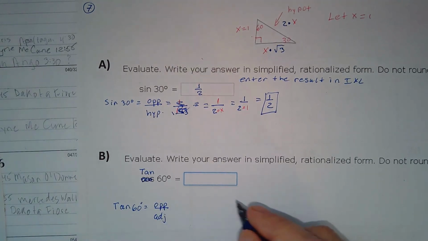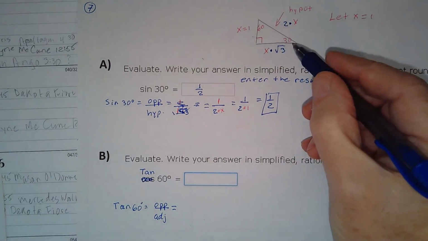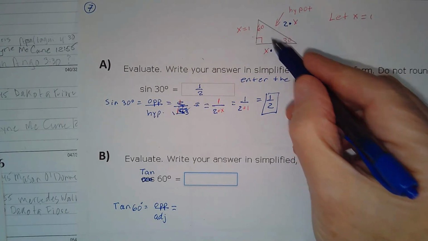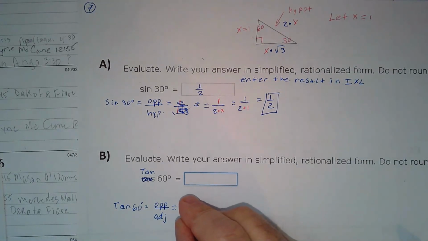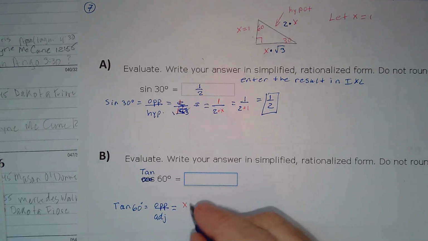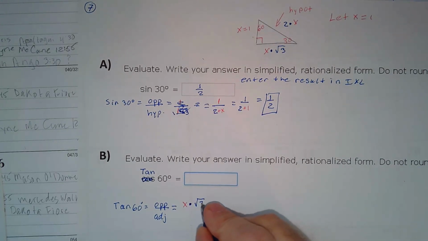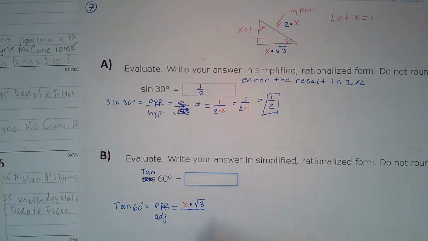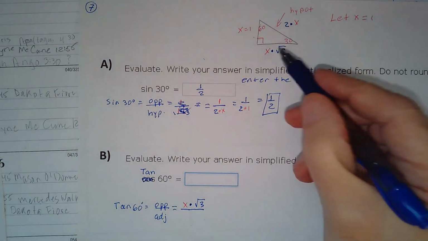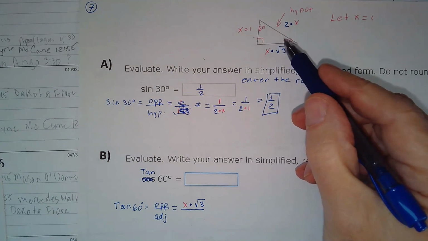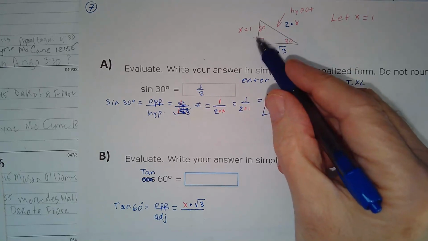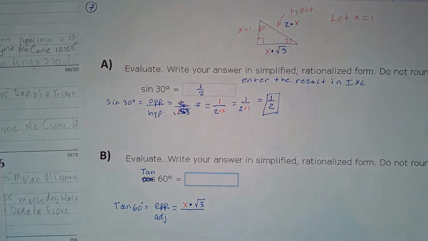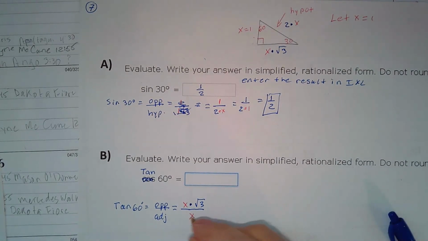Okay. All right, and so opposite of 60 degrees, here's 60 degrees, opposite is the long leg. So that's x times the square root of 3 divided by, and then the adjacent is the short leg. It's 1, right? So adjacent is 1. We'll just put x here for now.